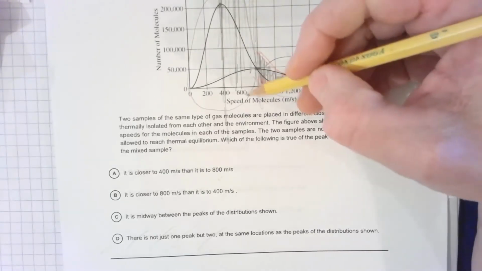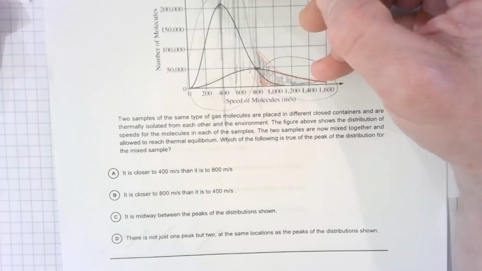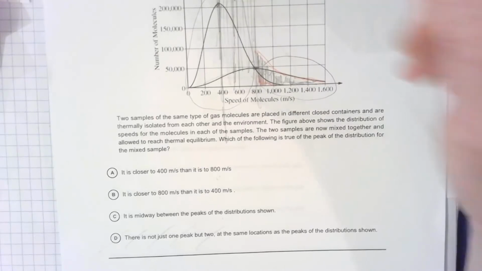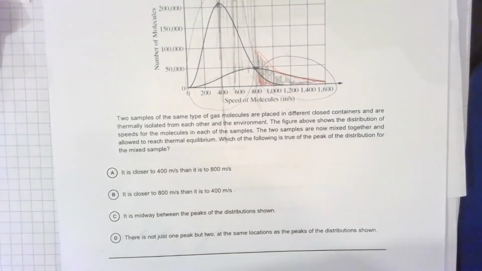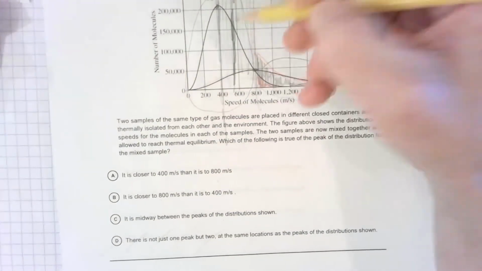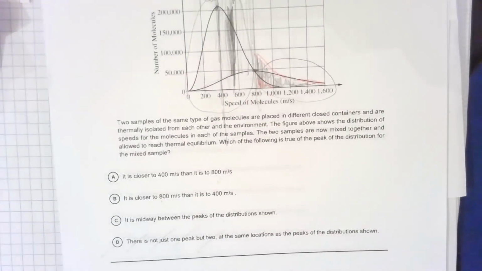Here's the other reason I'm thinking that: even if the temperature ended up halfway between, with the same amount of gas, temperature is average kinetic energy. Speed would involve a square root, so you wouldn't need as much velocity to create that. That's another reason I'm leaning toward somewhere between 400 and 600.